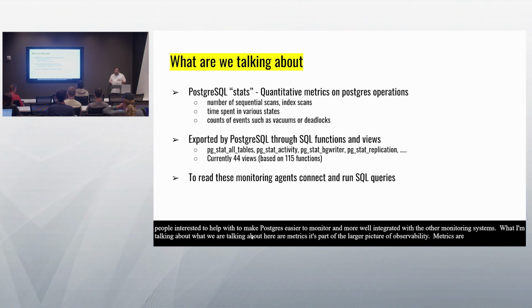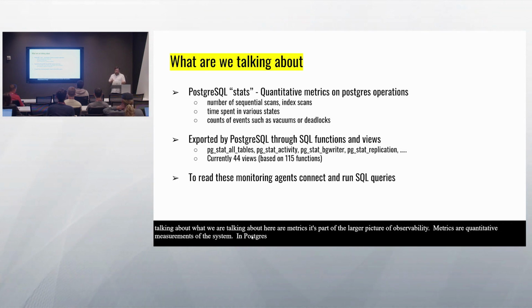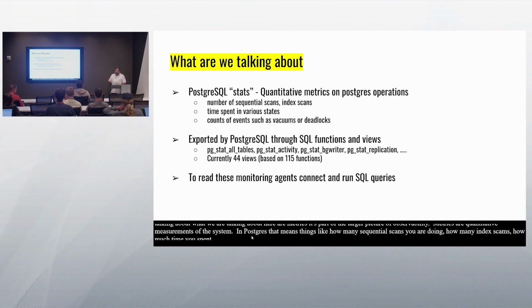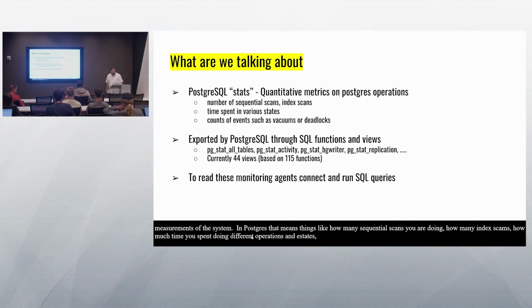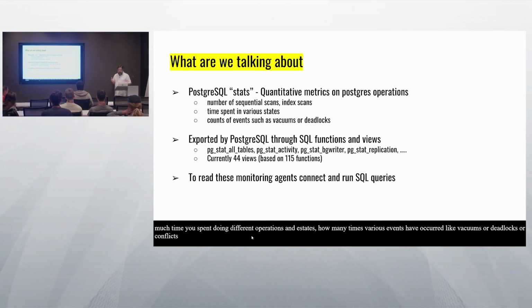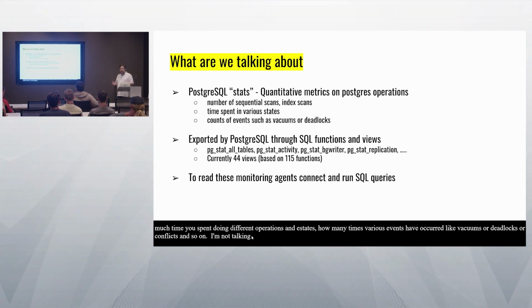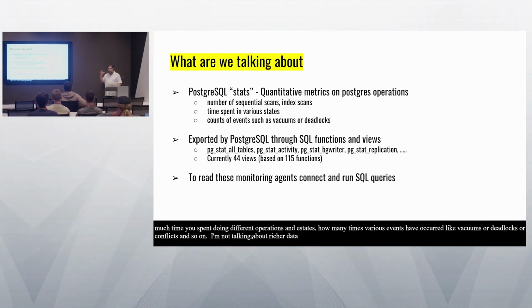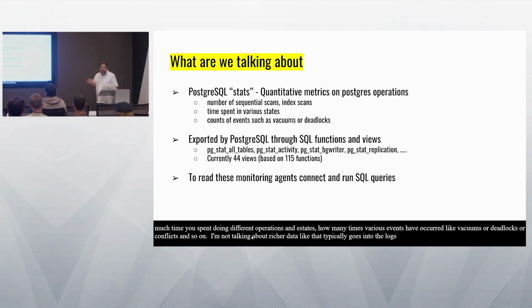So in Postgres, that means things like how many sequential scans you're doing, how many index scans, how much time is spent doing different operations and states, how many times various events have occurred, like vacuums or deadlocks or conflicts and so on. I'm not talking about richer data, like that typically goes into the logs, or other kinds of monitoring that also exist but need a different type of solution.